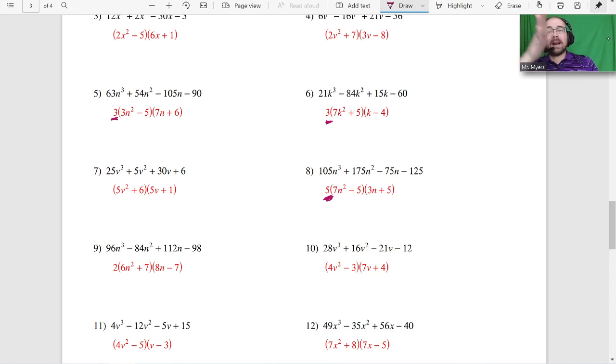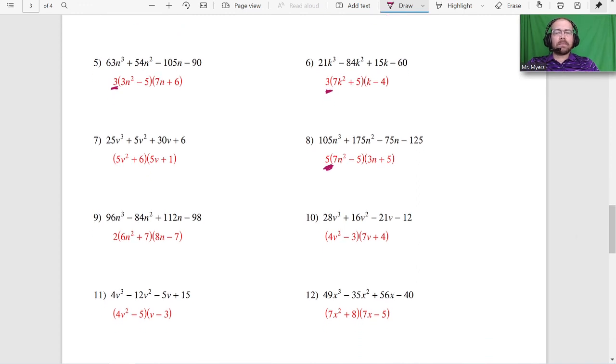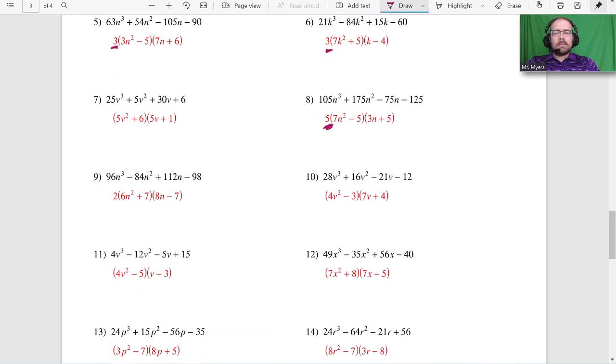You need to find the GCF of the whole thing first. Then reorder everything if you need to, like we just did on the last problems that were hard. Then steps 1, 2, and 3. GCF the first 2, GCF the last 2, and then divide out what they have in common there. Okay. Yeah, and that's it.